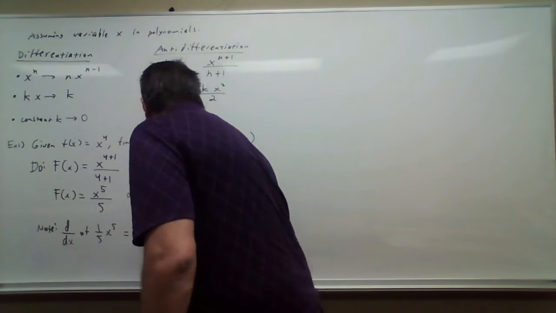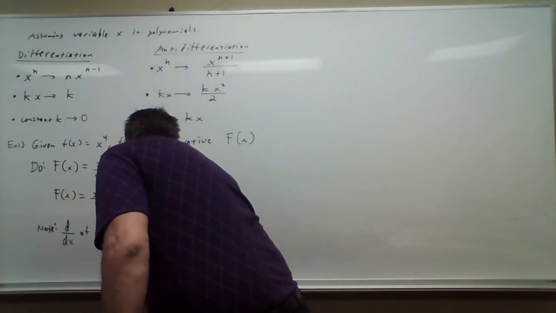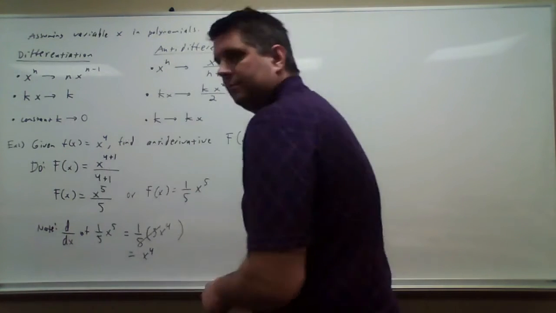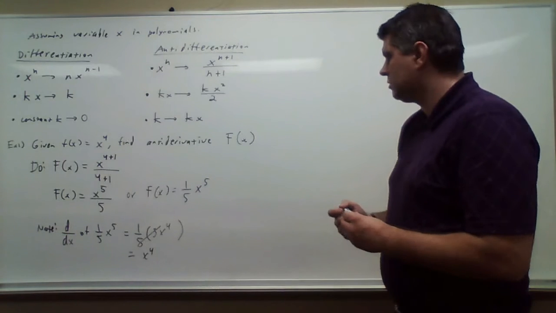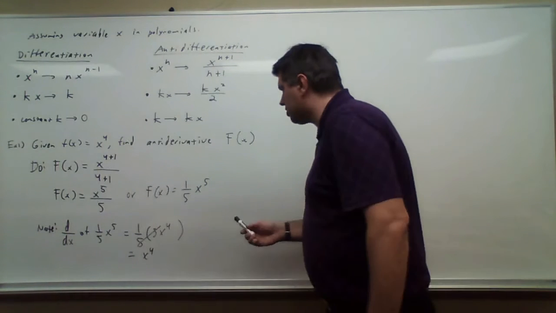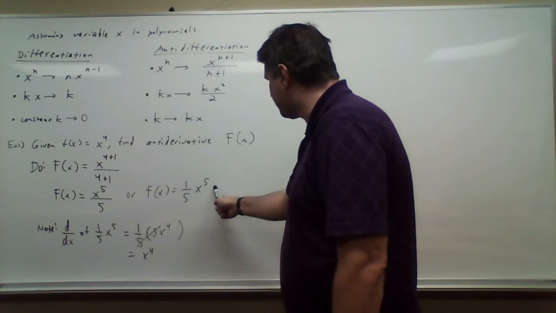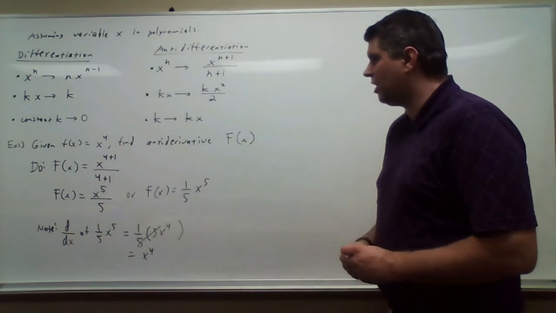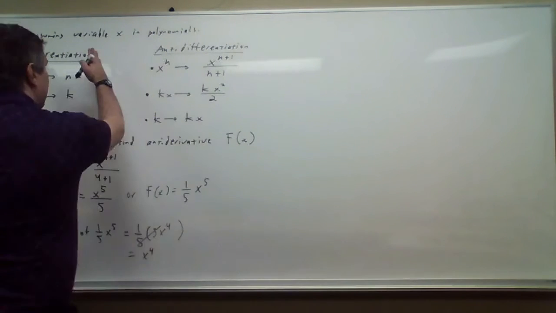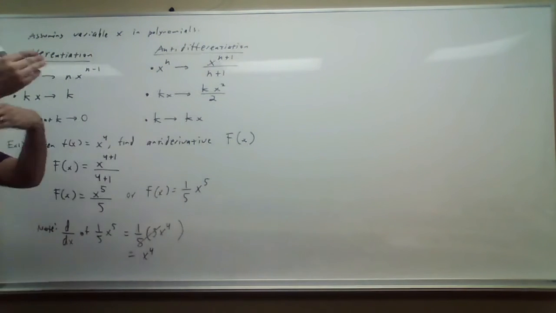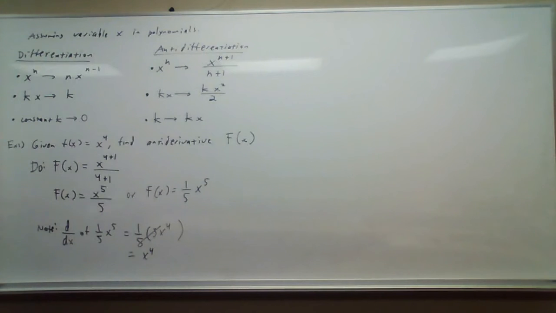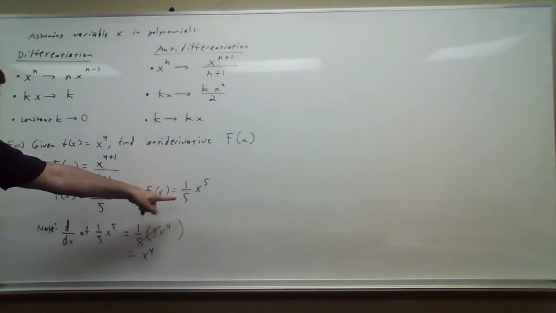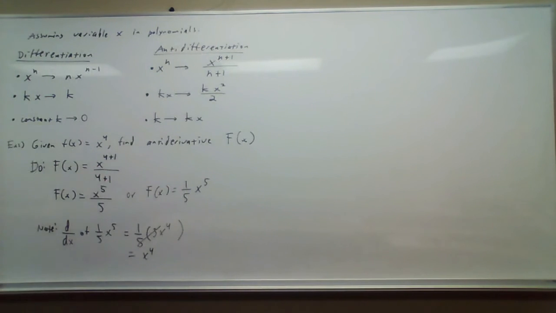Okay? So d dx of this is x to the 4th. So if you take the derivative of this, you get that back. Okay? So differentiation and anti-differentiation are the undos of each other. So note, the derivative of that is what we started with.